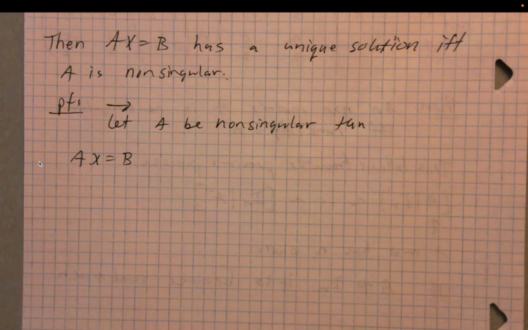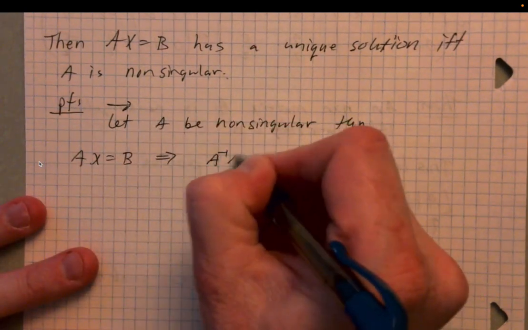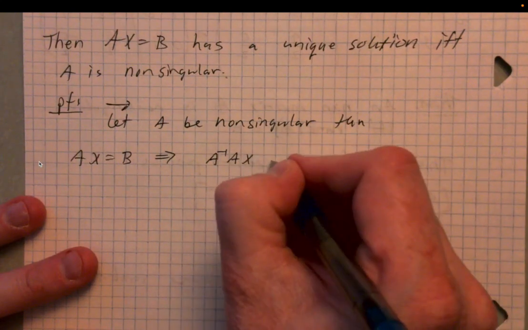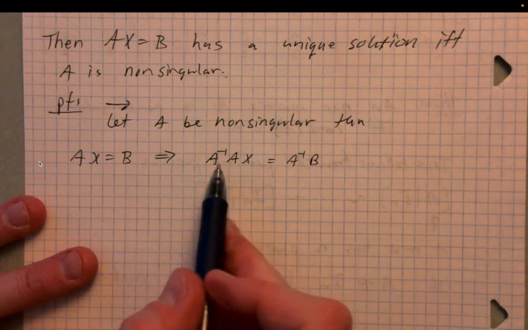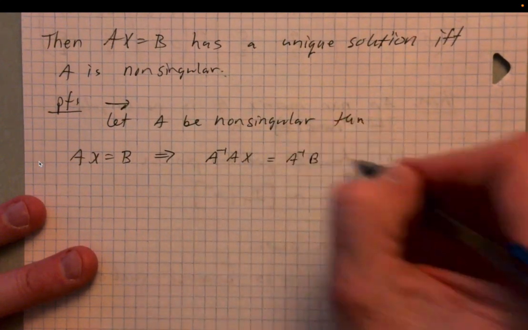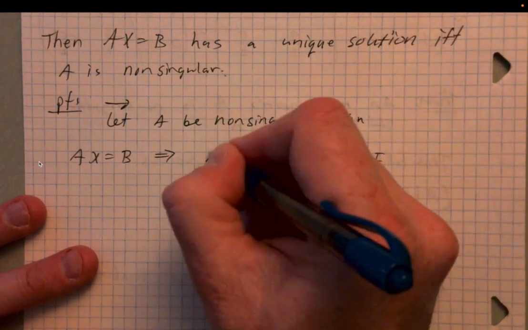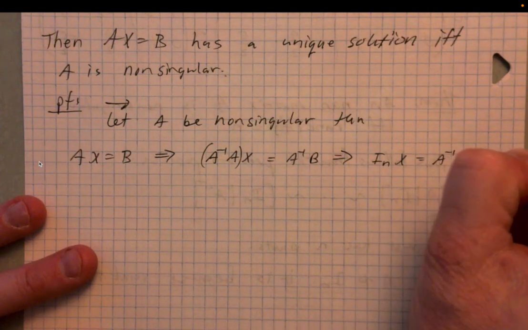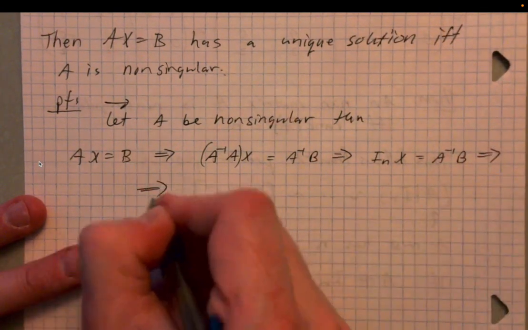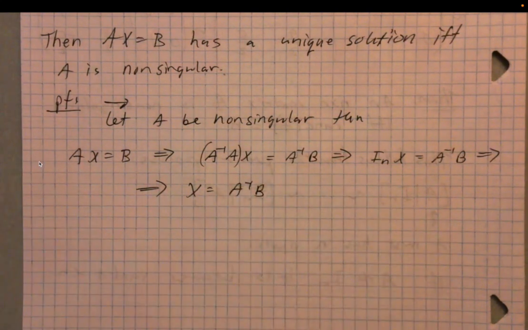If A is non-singular, that means it has an inverse, and so I can multiply both sides by the inverse. Obviously here I'm going to get the identity. And that's going to imply the result that x = A inverse times b.